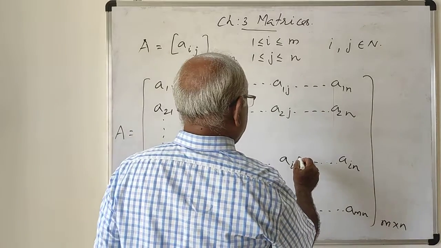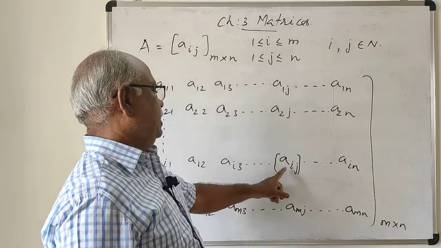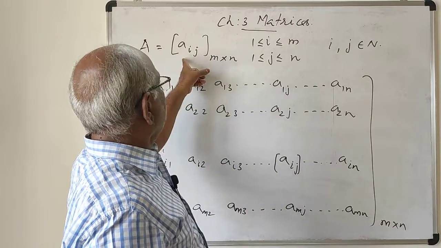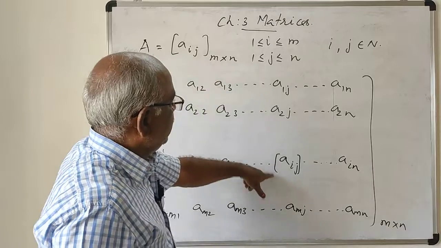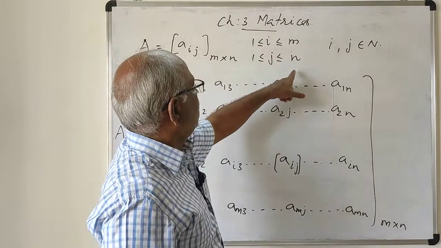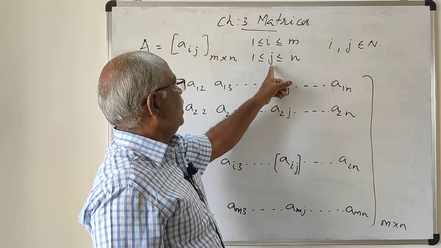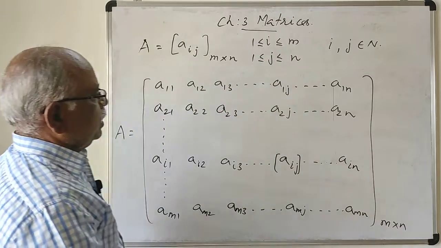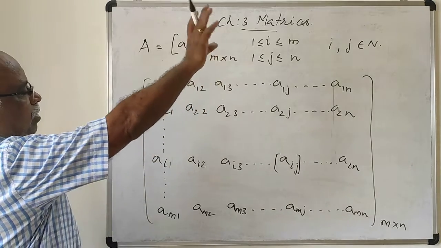And this element is called Aij. This is the general element. I can take the matrix A with general element Aij, where i lies between 1 to m and j lies between 1 to n, where i and j are natural numbers.